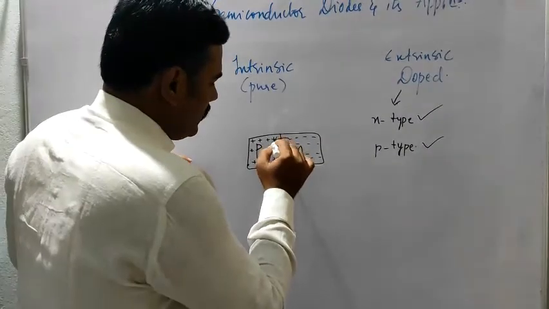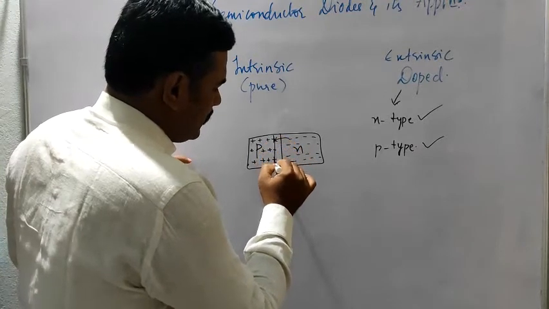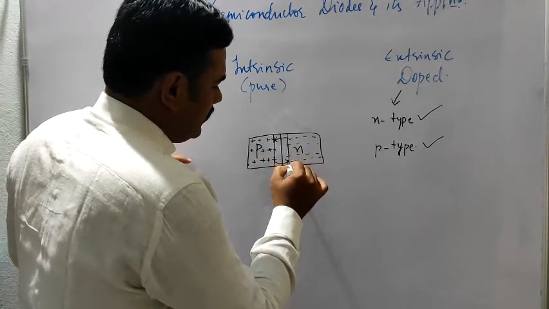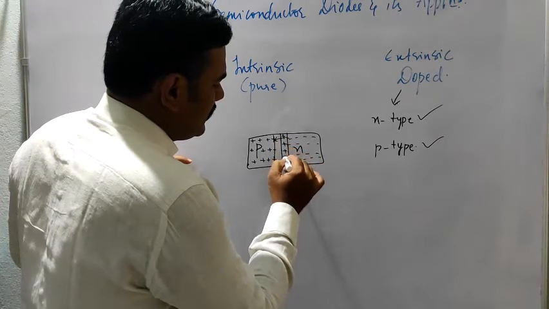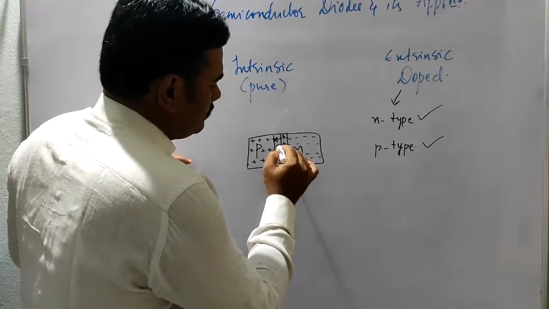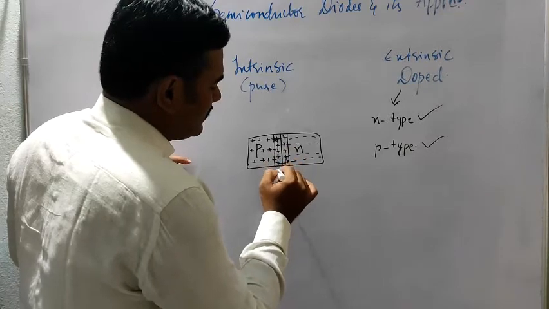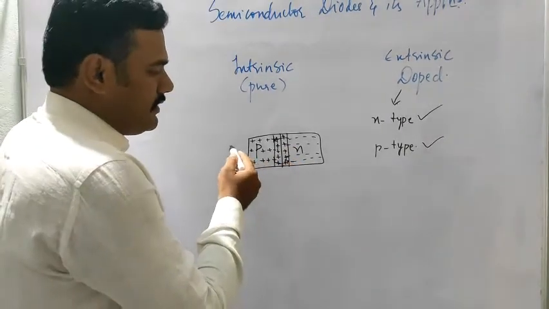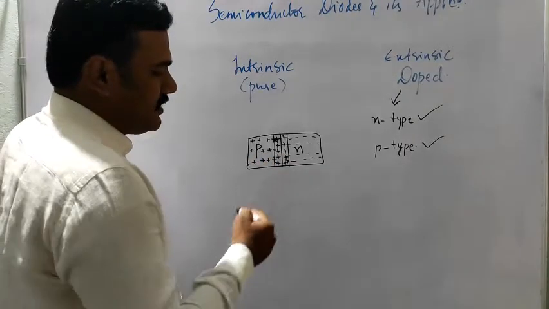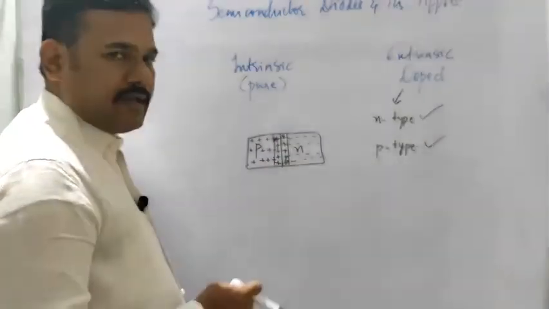Therefore, a small structure is formed near the junction. We call it a depletion region. This is still an unbiased diode. Unbiased in the sense we do not have any external connection to this particular diode.